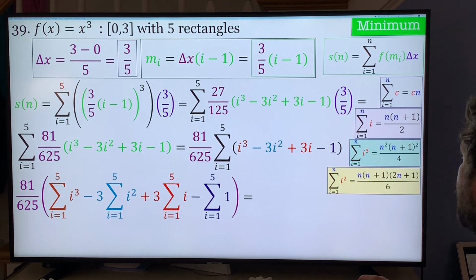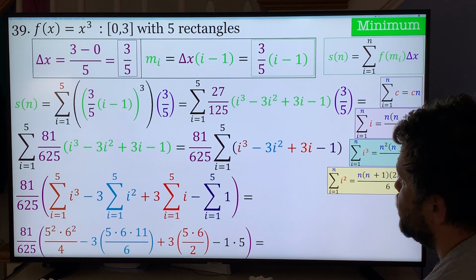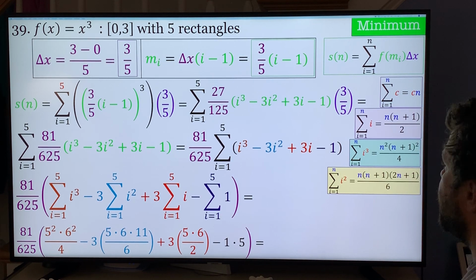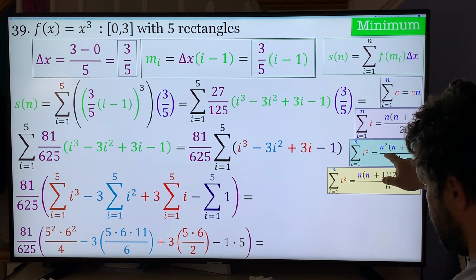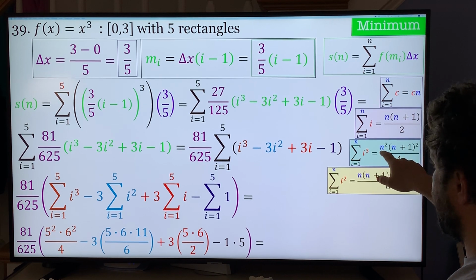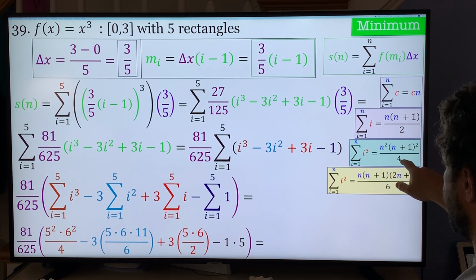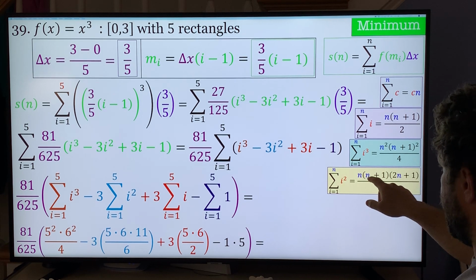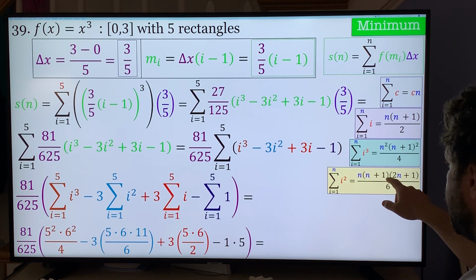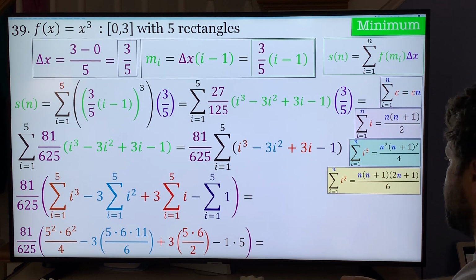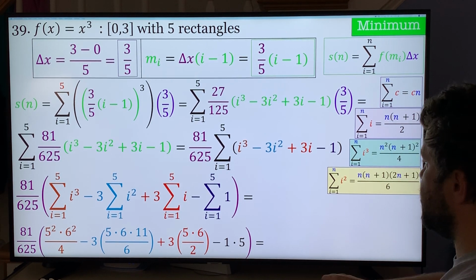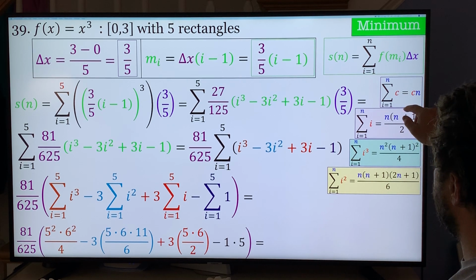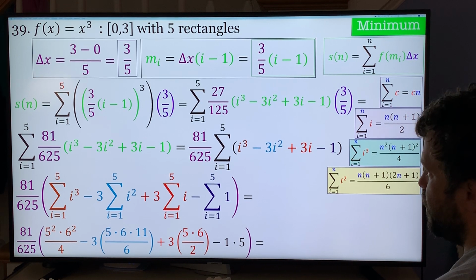All right, go look back in your notes to see how to do this. Those are the formulas that you're going to need. 81 over 625. For the i cubed one, what are we using? n is 5. 5 squared times (5 plus 1) squared over 4, then 5 times (5 plus 1) times (2 times 5 plus 1) divided by 6, then 5 times (5 plus 1) divided by 2, and then 1 times 5.